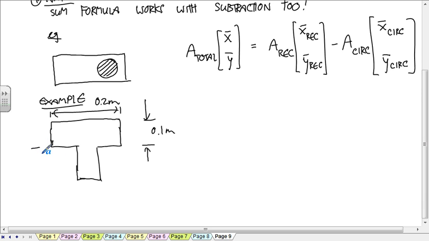Let's say that this is 0.2 meters, and this is 0.05. And let's put the coordinate system here. And we want to calculate that centroid.